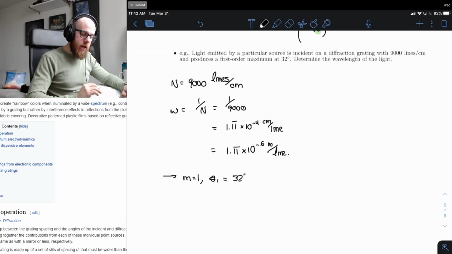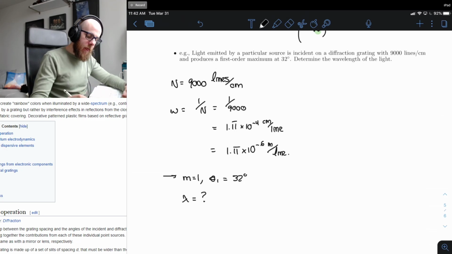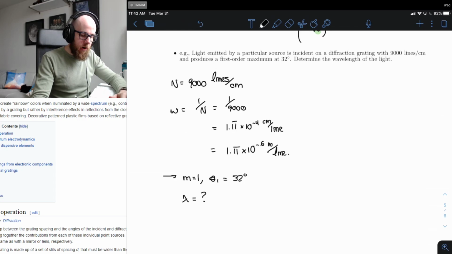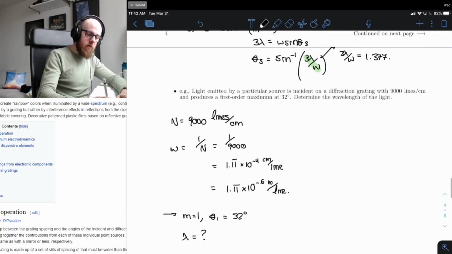Now, using this information, I'm going to determine the wavelength. So let's figure out what lambda is. I just used the same formula that I have been using. Lambda is equal to W sine theta 1, which means we can just plug in values right away.